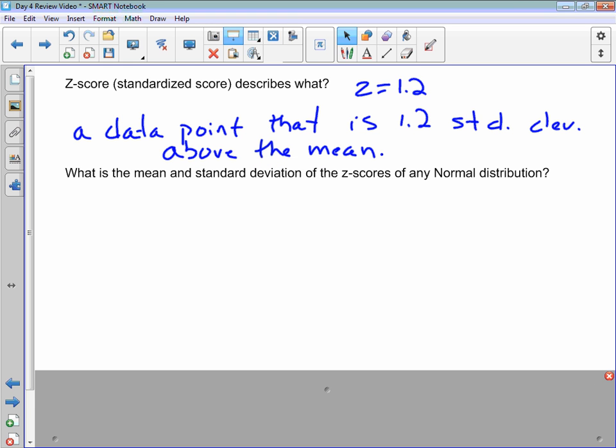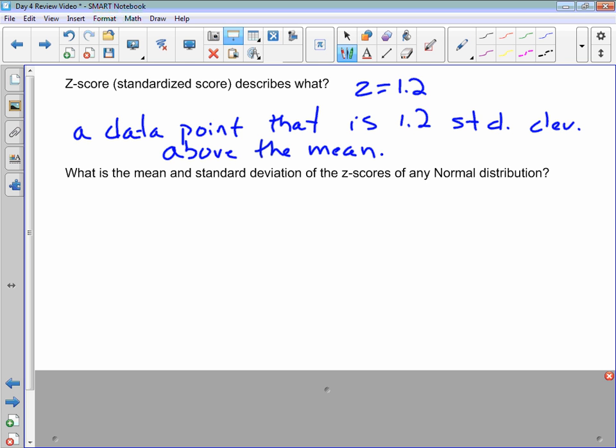So then, what is the mean and standard deviation of the z-scores of any normal distribution? If we took all the data points of any normal distribution and turned them all into z-scores, what would be the mean and the standard deviation? Pause, think about it, and come back when you got an answer. Okay, so you're back.